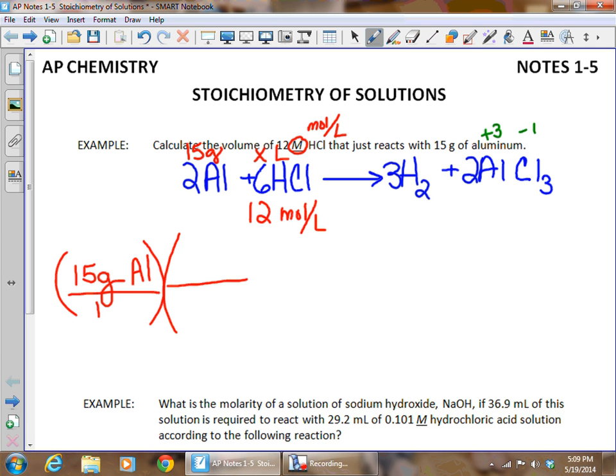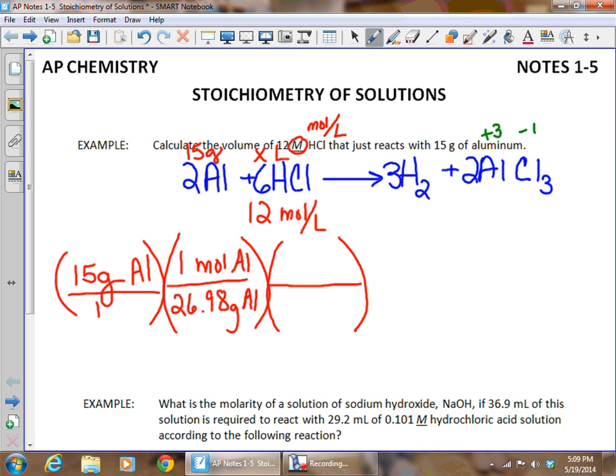The only other thing that we can do when we are starting with mass is molar mass. So looking at the molar mass of aluminum, it's 26.98 grams of aluminum per mole. And now we're ready for our switch the substances conversion factor, our mole ratio.